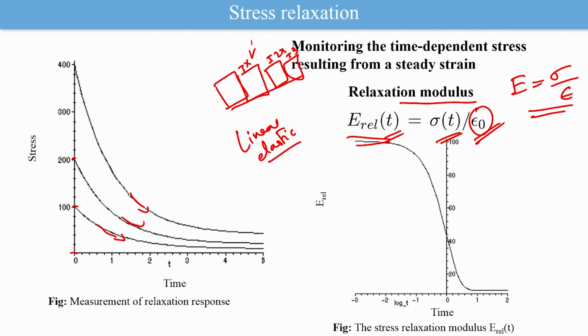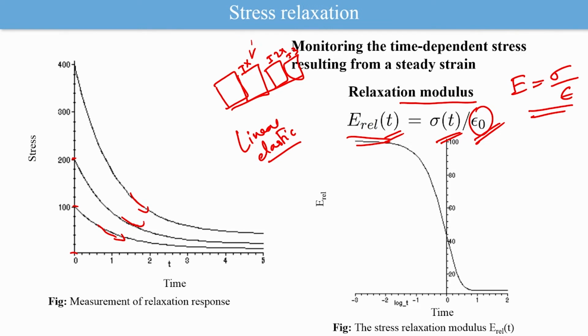Okay. So, this is the basic understanding of two different processes, stress relaxation as well as creep. Now, creep and relaxation are both manifestations of the same molecular mechanisms, but you will feel that even these two are related.